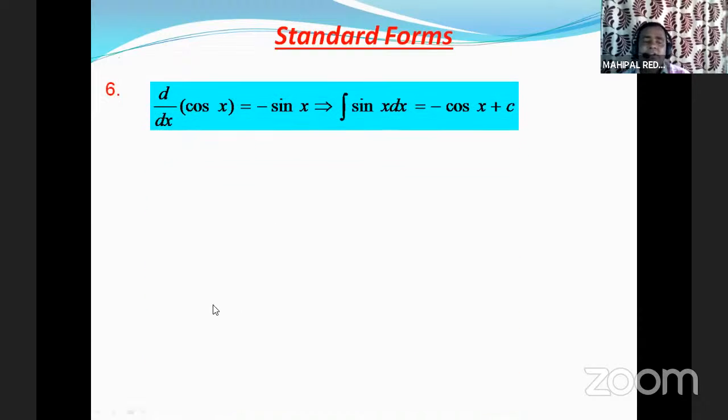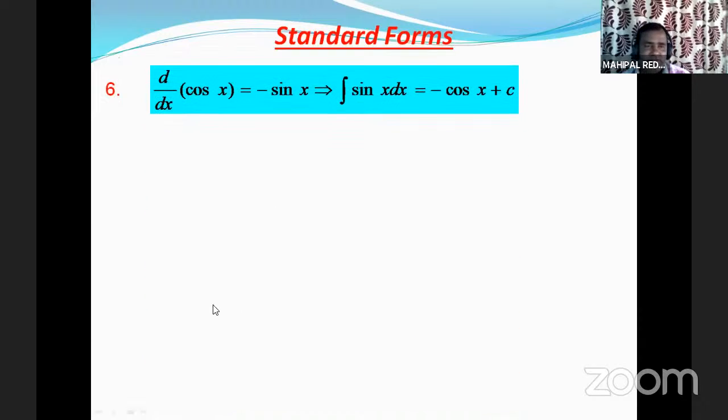Next, some more standard forms. Now the sixth one is the derivative of cos x. We learned the previous one: the derivative of sin x is cos x, so the integration of cos x is sin x. But here, the derivative of cos x is the negative of sin x, minus sin x.